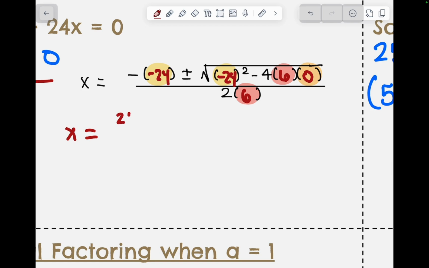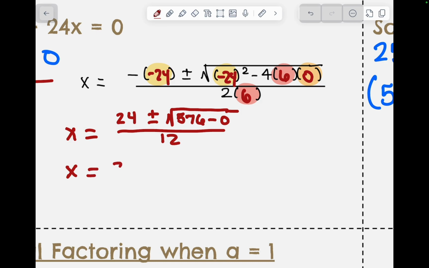Our x is equal to 24 plus or minus the square root of 24 squared, which is 576, minus 0, all over 12.